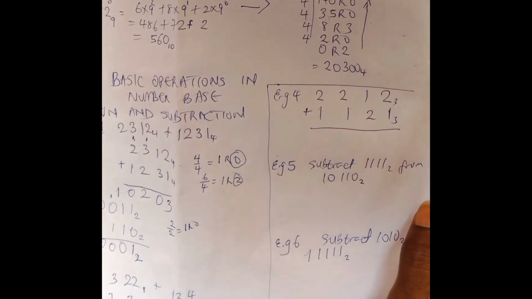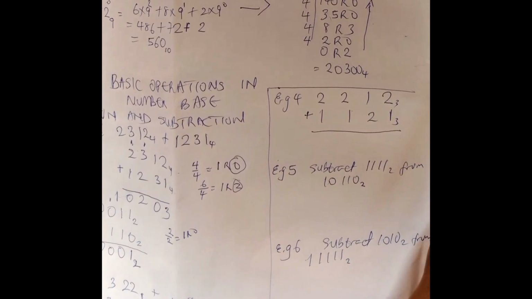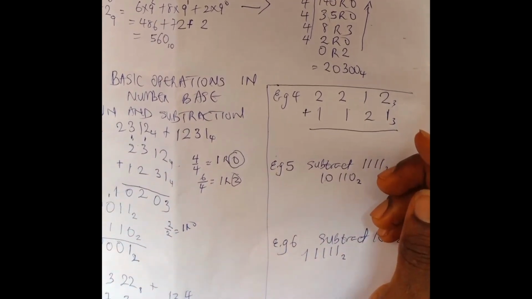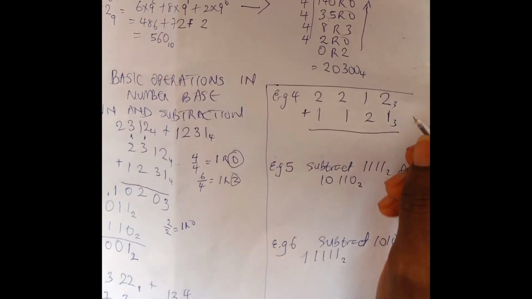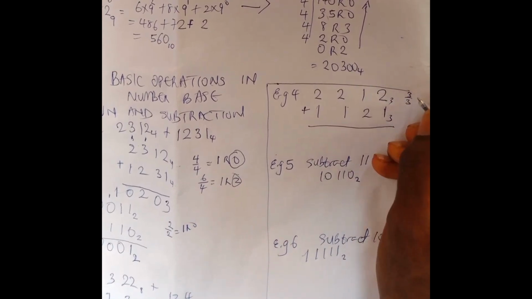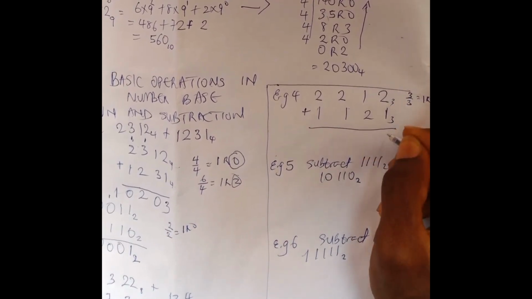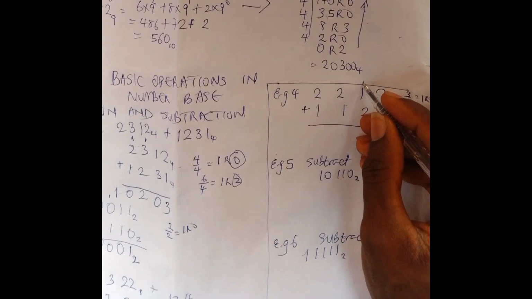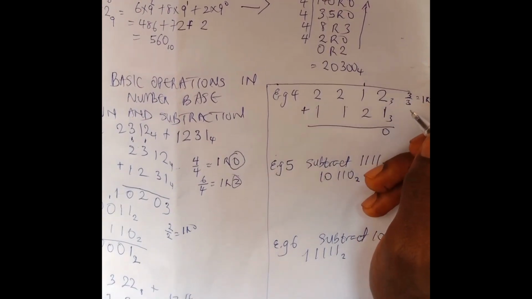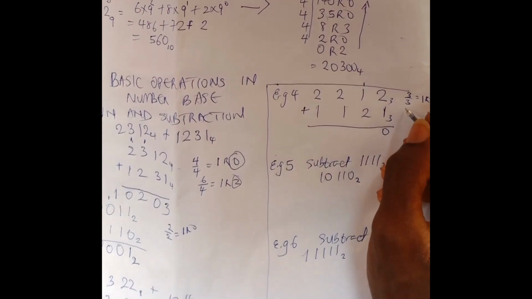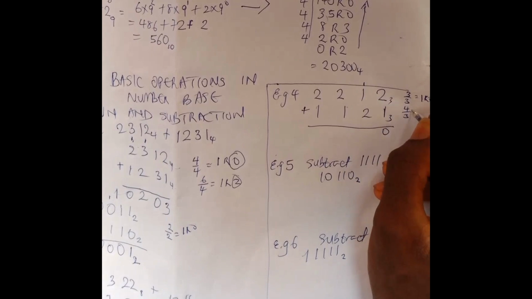So let's add this one. 2 plus 1 is 3, which is the same as our base. So we divide it by the base, which gives us 1 remainder 0. So you write the remainder and add 1 here. 1 plus 1 is 2, 2 plus 2 is 4. 4 is the same as our base, so we divide it by the base, you get 1 remainder 1.